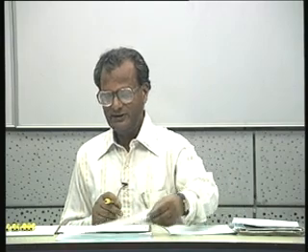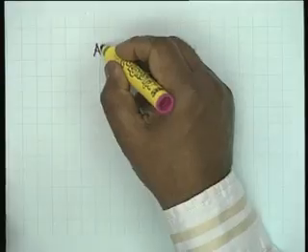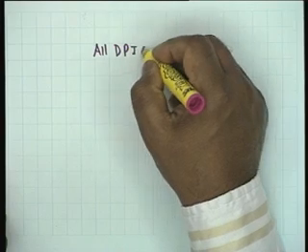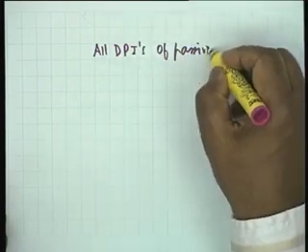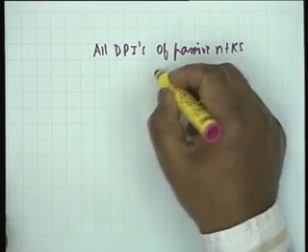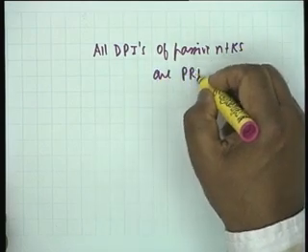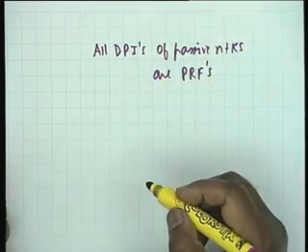We said that all DPIs, all driving point immittances of passive networks are PRFs, which we proved.